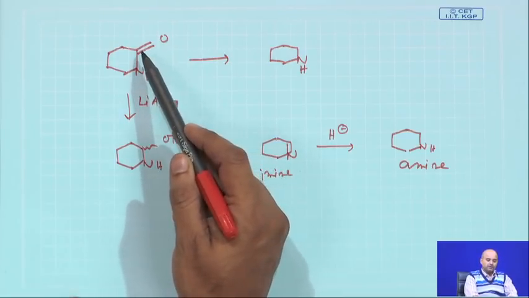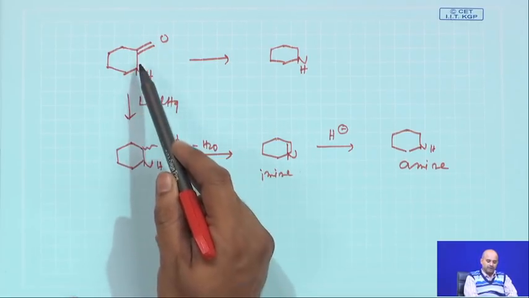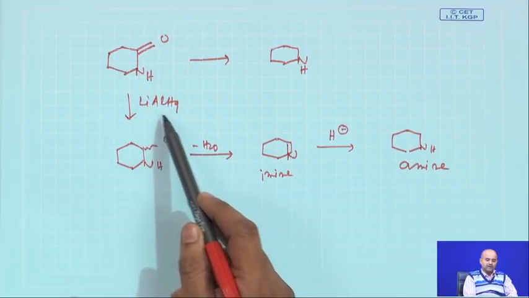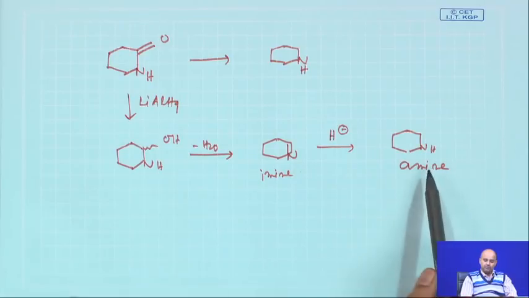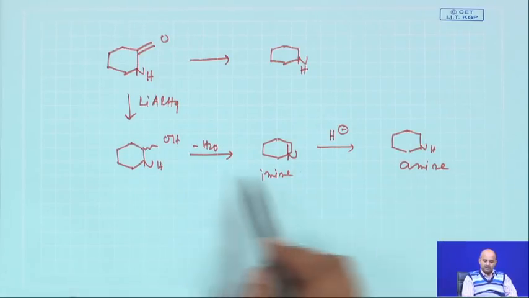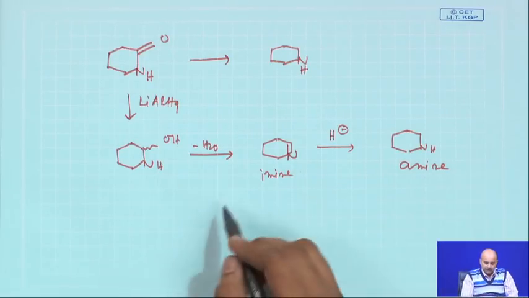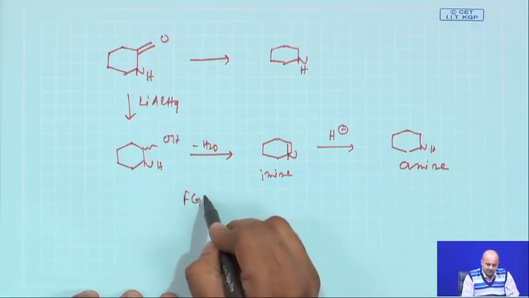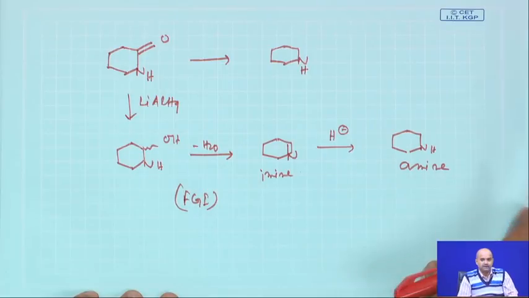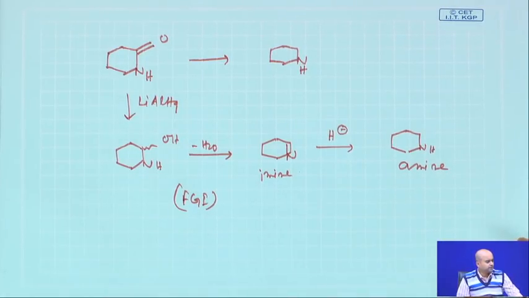So, no need: if you simply subject this amide to the reducing agent, instantly it will reduce to the imine, then the imine will be further reduced to the amine. So, it may not be an expression of a redundant functionality, but this is a simple FGI, a simple FGI.